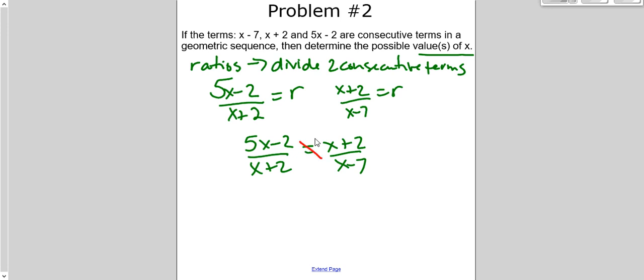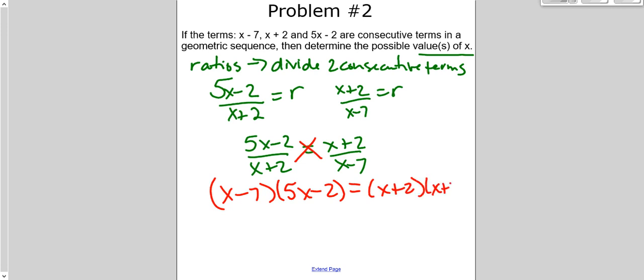And if I put them equal to each other, I can solve by cross multiplication. So x minus 7, 5x minus 2 should equal out to x plus 2, x plus 2. Okay, so let's expand this out using our distributive property.